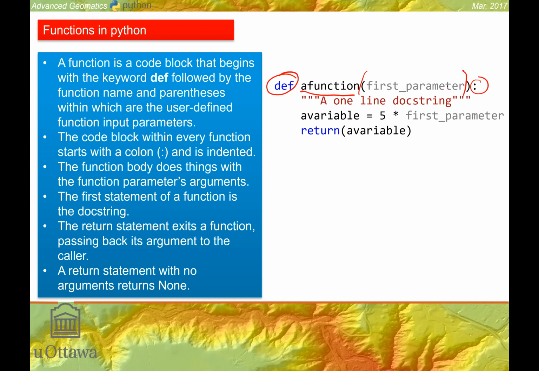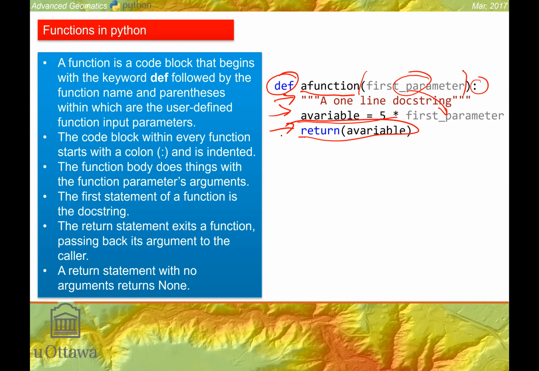Then the colon. Once you hit enter, you have an indented block whereby you define what the function does with its parameter variables or function variable up here. So we did something like a variable equals 5 times the parameter. And then a return statement.